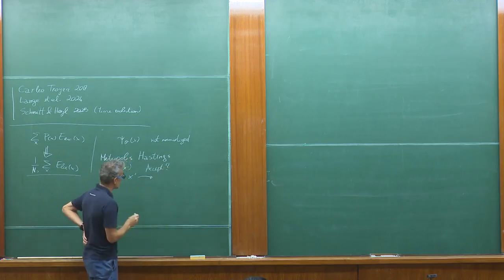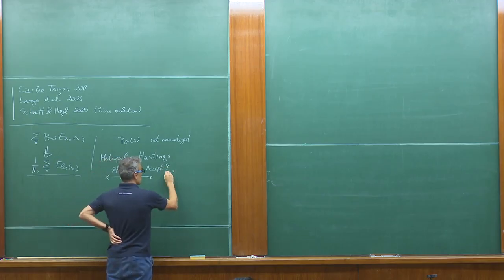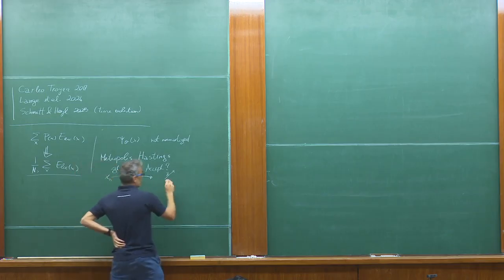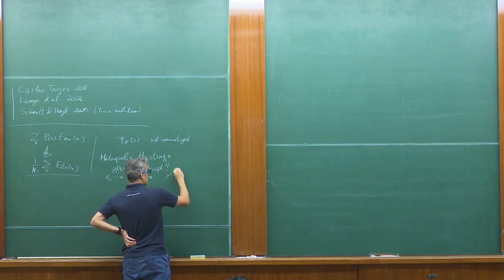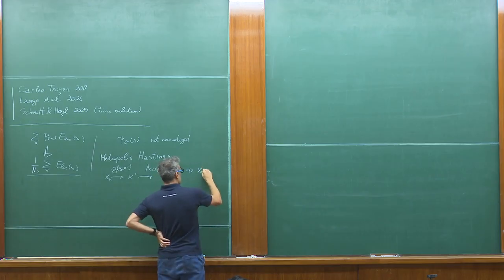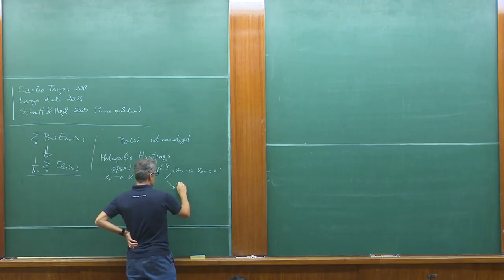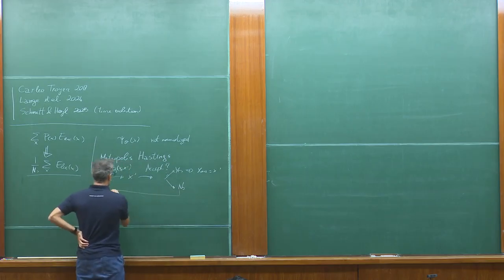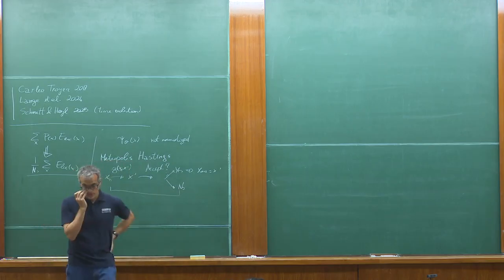Let's say you have x_n and you go to x prime. If you accept the configuration, yes, then your new configuration x_{n+1} is equal to x prime. And if you say no, then you go back and you produce another configuration.